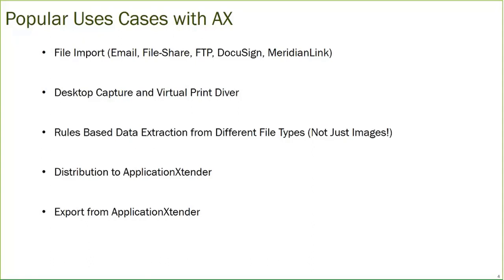And we had our distribution to Application Extender, so you can search and retrieve within the Application Extender environment, and exporting from Application Extender as well. So these 5 are really the top use cases of using DocuNECT with Application Extender.